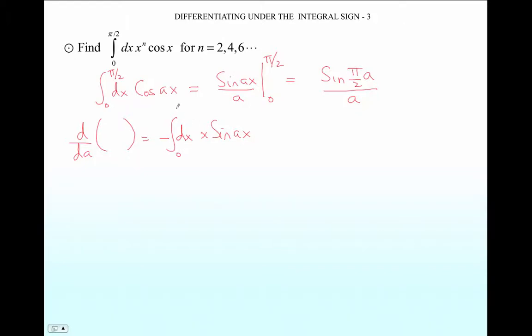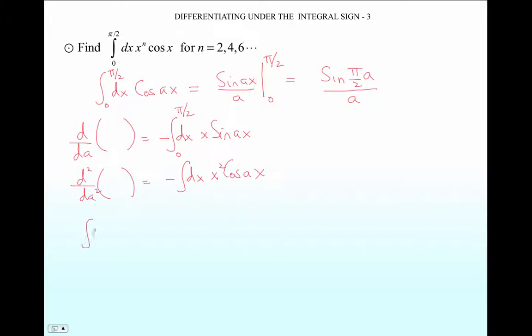And of course, this is between 0 and pi by 2. What if I differentiate what's above a second time? If I do that, then sine gets differentiated and gives cosine, and there's another x that comes out, so that's minus the integral of dx, x squared cosine of ax.